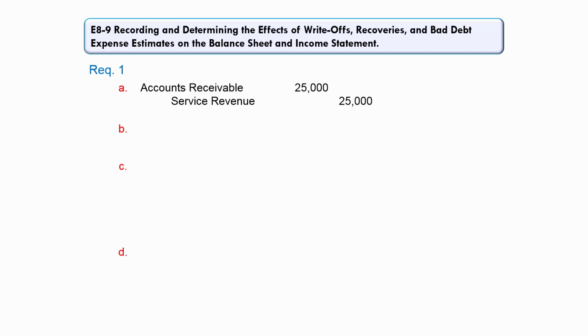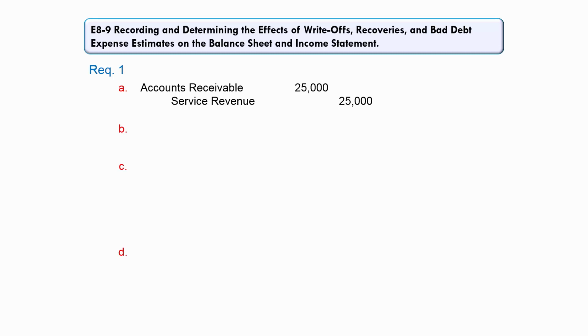I don't know why we are getting away from that terminology in this chapter, but we are accruing revenue. We haven't received it yet, but we've done what we need to do to say we have earned it, so we're going to make it show up in our balance sheet as a receivable, but on our income statement it's going to show up as revenue.